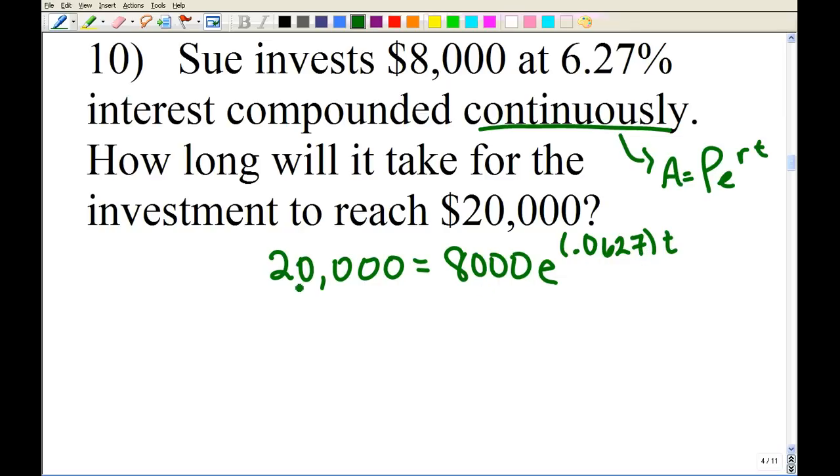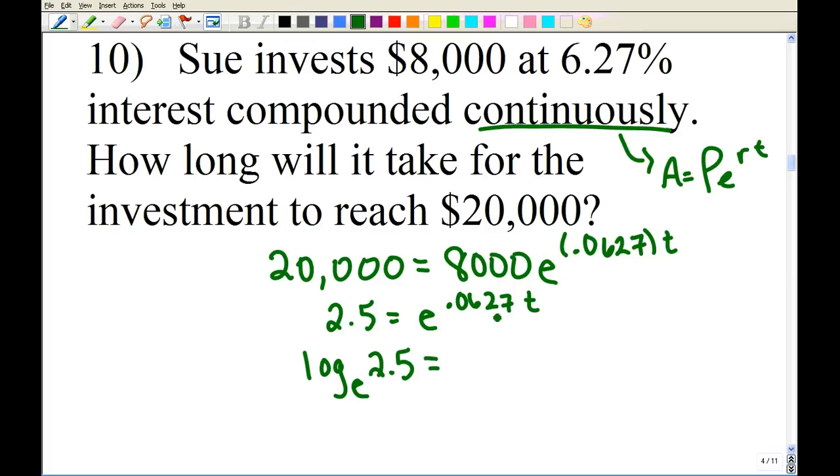So I'm going to divide both sides by 8,000 to get that out of the way. So I'll get 2.5 equals e^(0.0627t). And then if I rewrite this as a log, I would have log base is whatever has the exponent, so log base e of the opposite side, so 2.5 equals, the log is equal to the exponent, so 0.0627t.